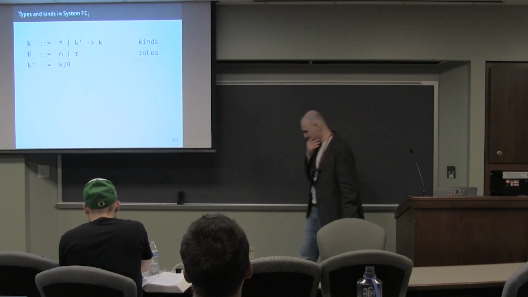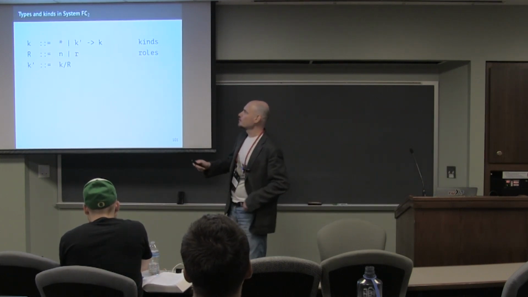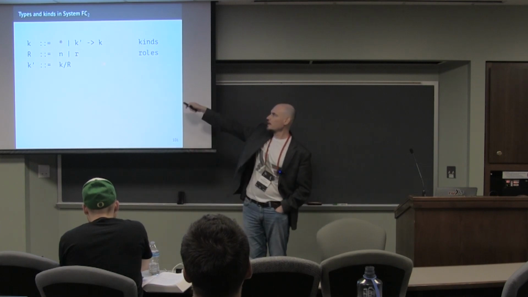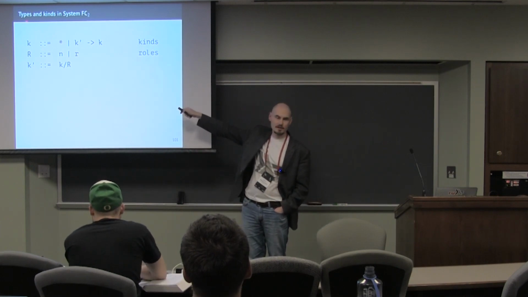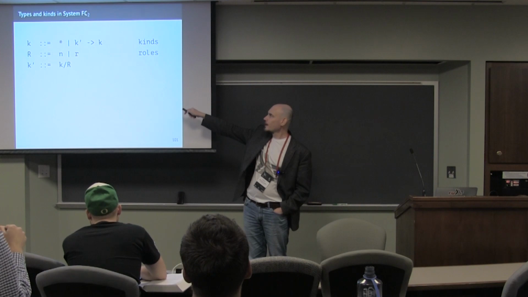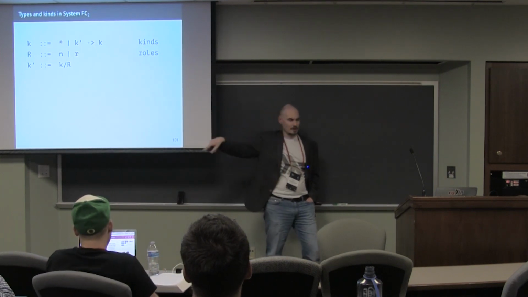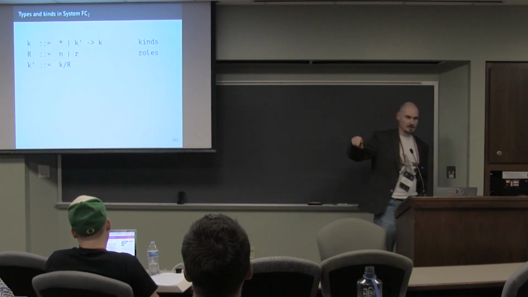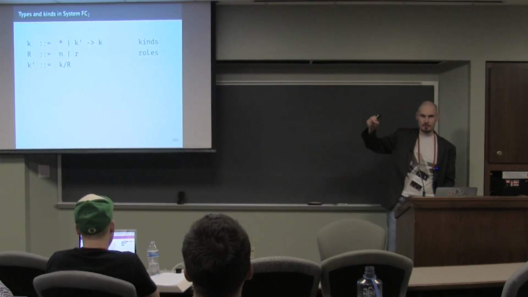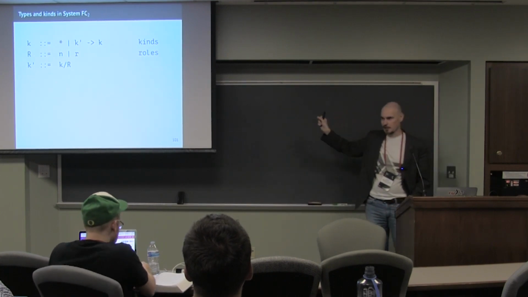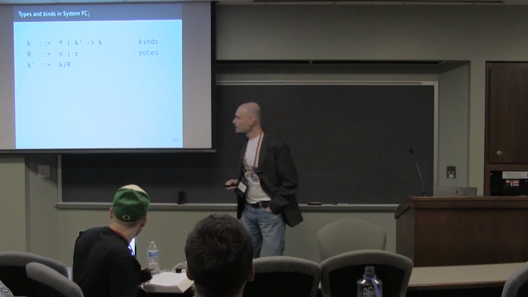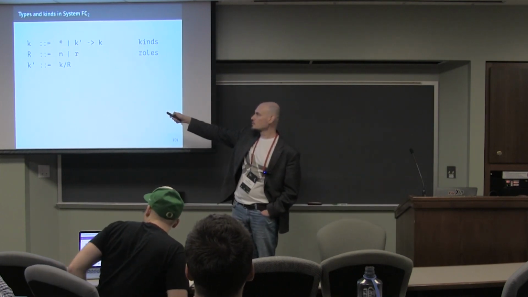So what are they doing? Let's say, okay, before that we had only one kind, this star here. And also we had these arrows for type level functions, like Maybe has kind star to star. All right. Then we have two roles.